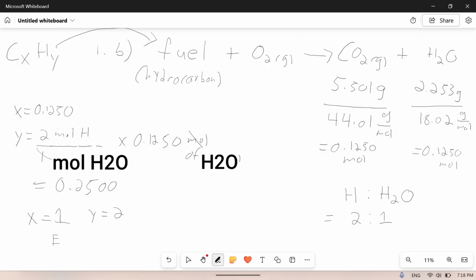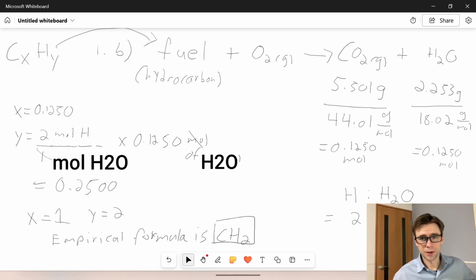So empirical formula is CH2. All right. So quite a long ways to get there.